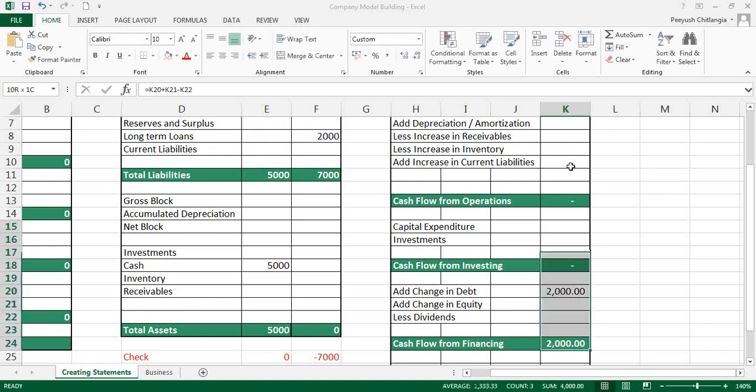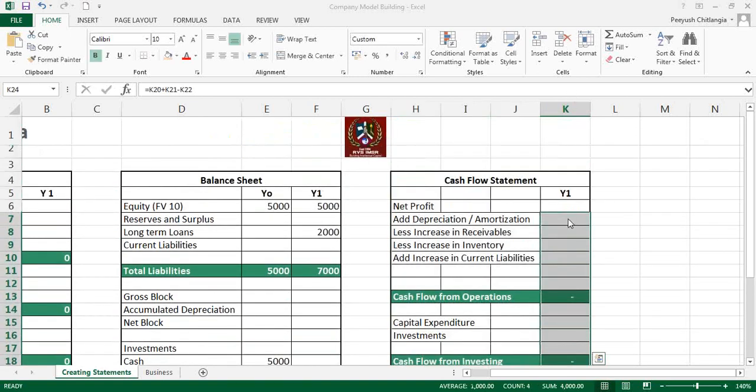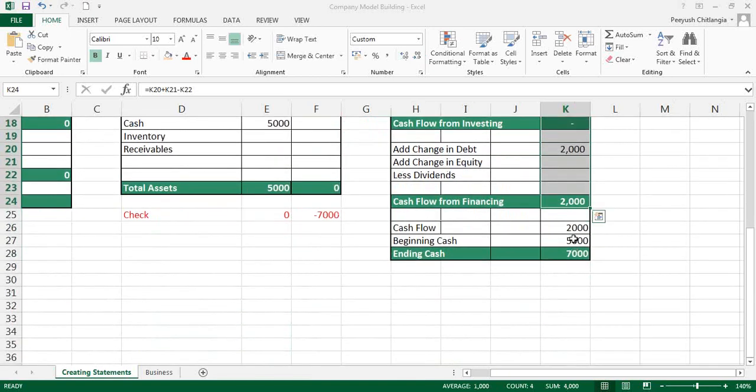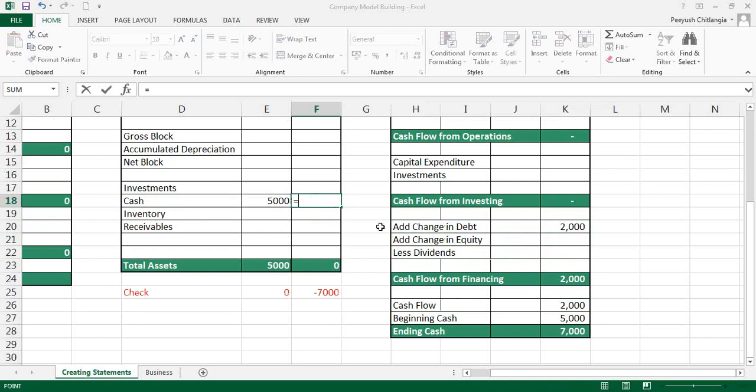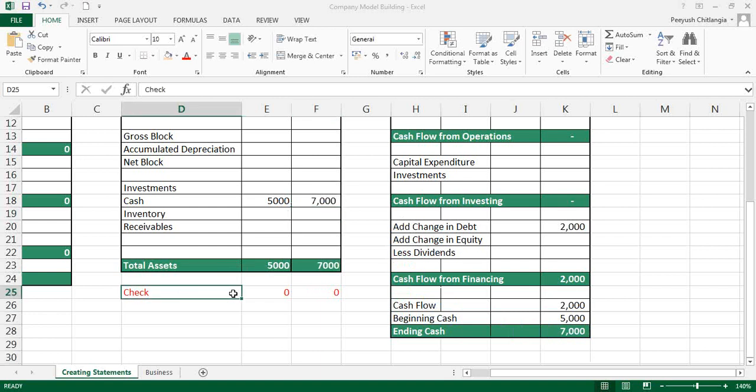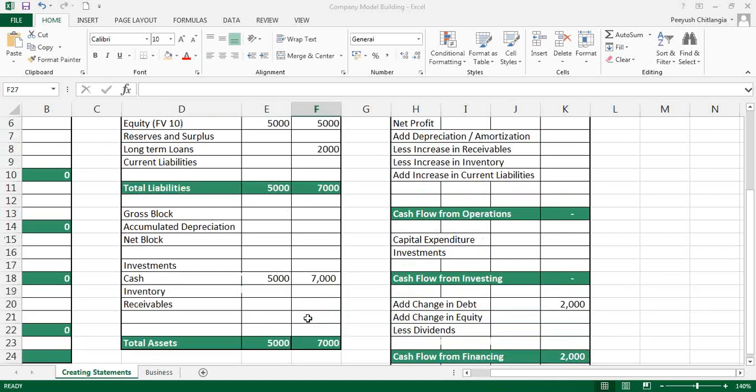So you put in this 2000, you find that we have the debt number established, which at the end of the year, we started with a cash flow of 5,000, yearly cash flow was 2,000, ending cash is 7,000. This ending cash should link itself to the ending cash on the balance sheet, right? There is a small check line item here that tells you that the balance sheet is balanced, right?